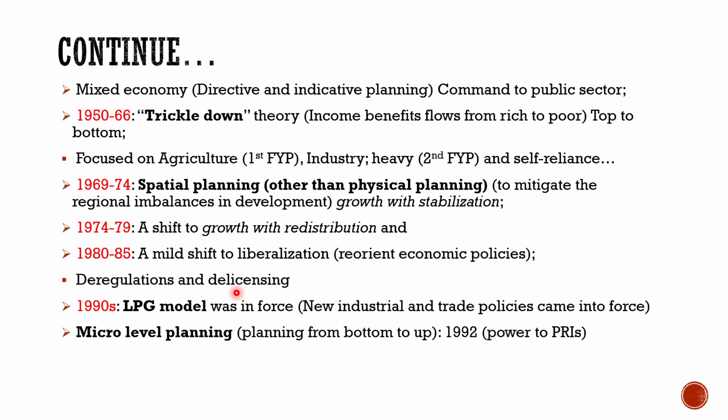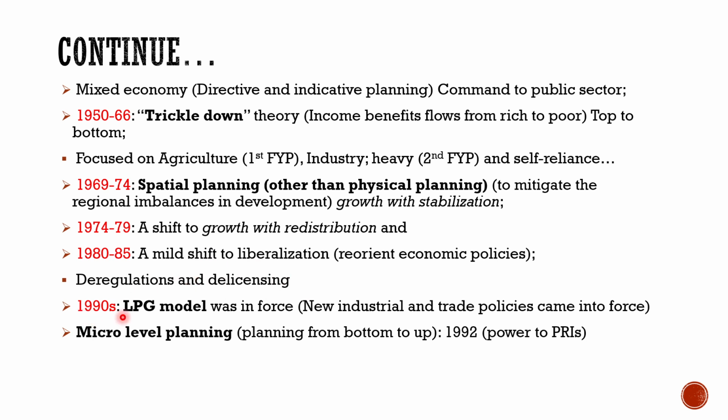Right now, only in cases like distillation and brewing of alcoholic drinks, cigars, cigarettes, and manufactured tobacco substitutes, electronic, aerospace and defense equipment, industrial explosive and hazardous chemicals are included in the licensing policies. And for the production of these, one would have to take license from the government, and for other production you don't have to take license.